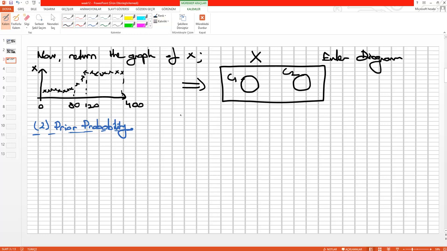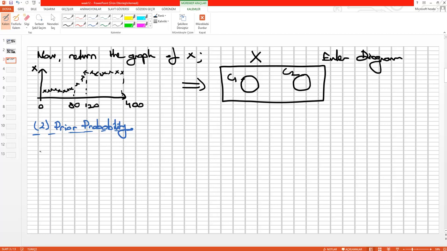How can we calculate the probability of C1 and C2? The prior probability means that if there is no condition or any effect on this data, how can we create the initial guess of this C1 probability for a given X?